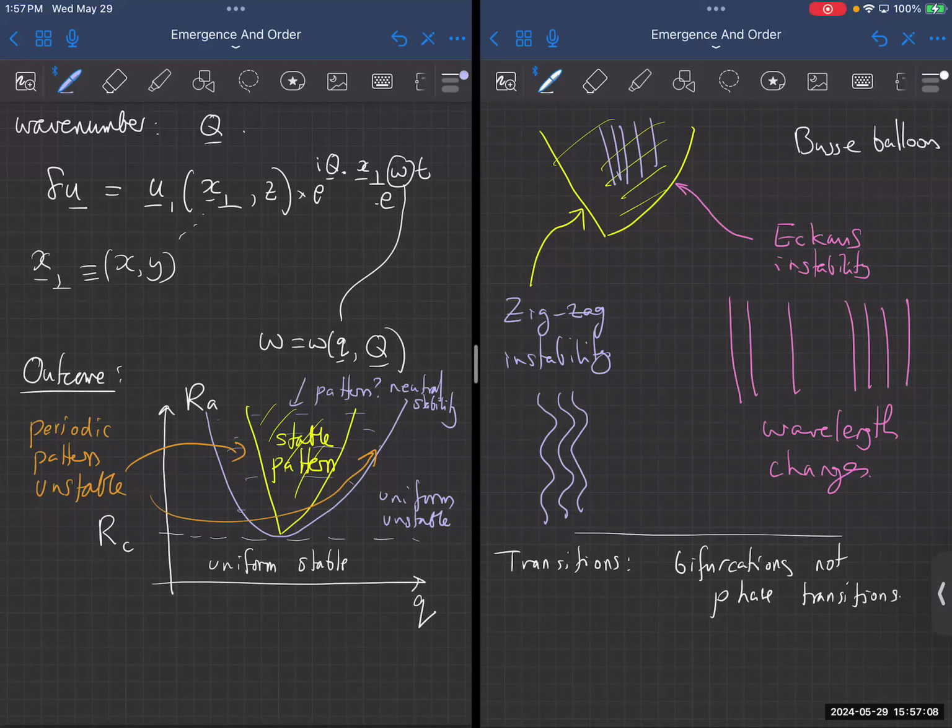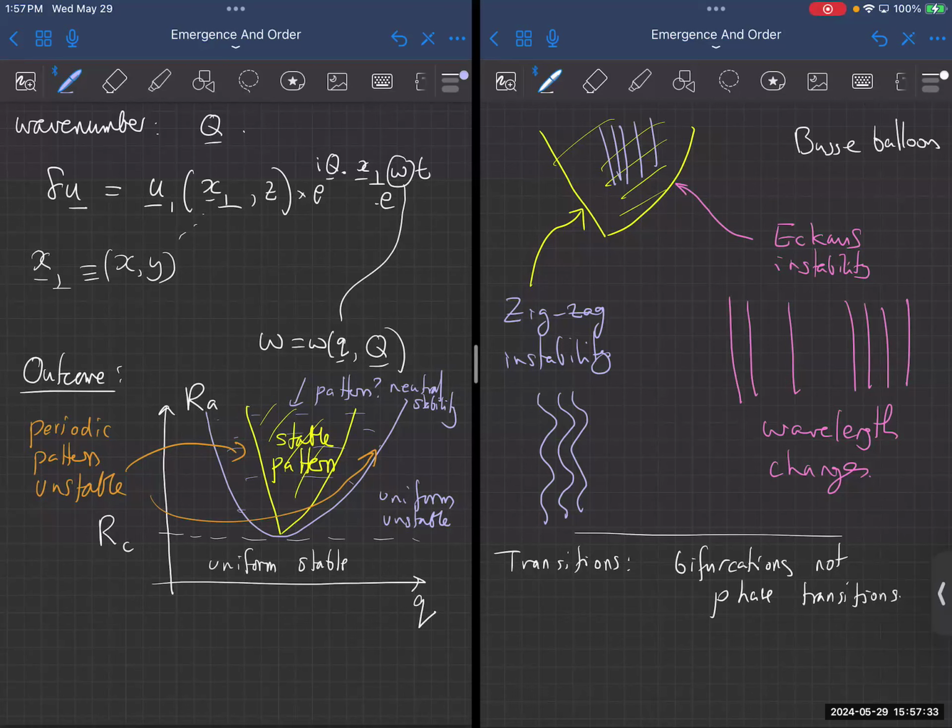Everything we did last quarter on phase transitions was in thermal equilibrium. We used the Boltzmann distribution. We used the renormalization group to study the non-analyticities of these systems. Here, there are no thermal fluctuations. Here, we're not in equilibrium. There's just a bunch of differential equations. So it's not technically a phase transition.